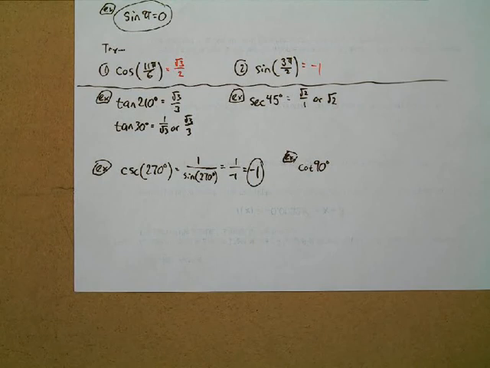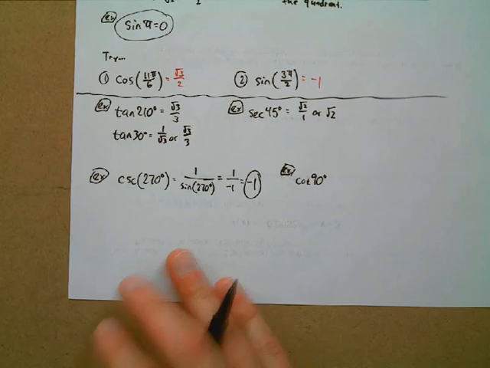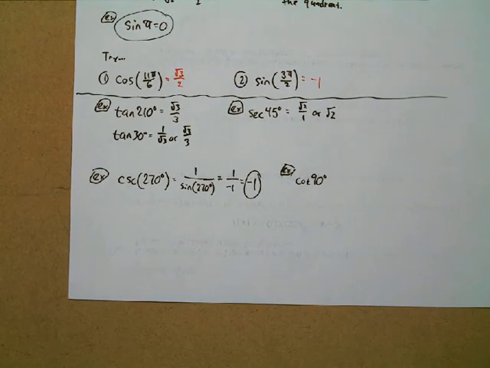But how does tangent relate to sine and cosine? Does anyone remember? Tangent is what? Opposite over adjacent, the TOA part, yep. But how can we relate? You guys ever heard that tangent of an angle is equal to sine of that angle over cosine of that angle?